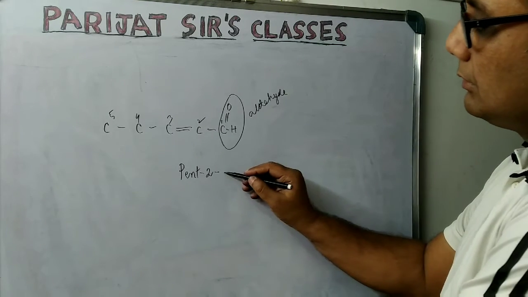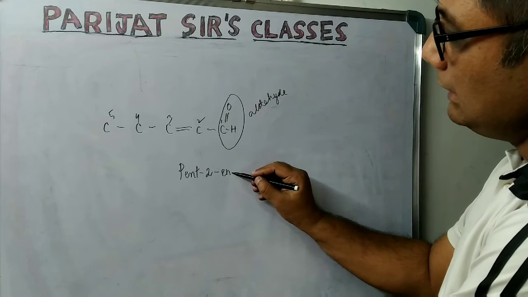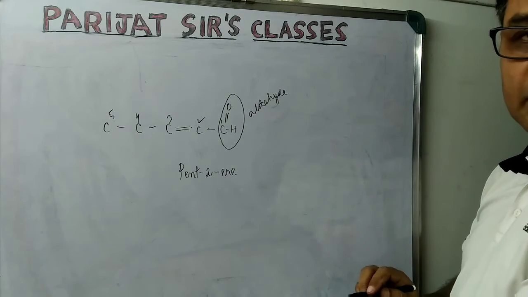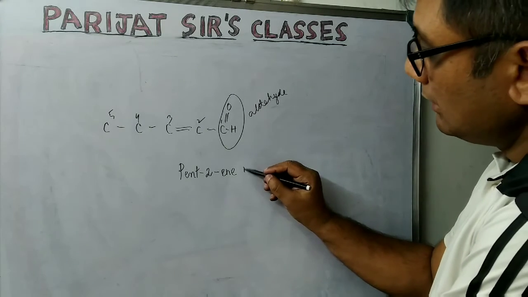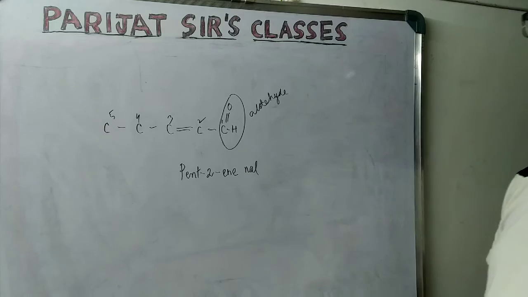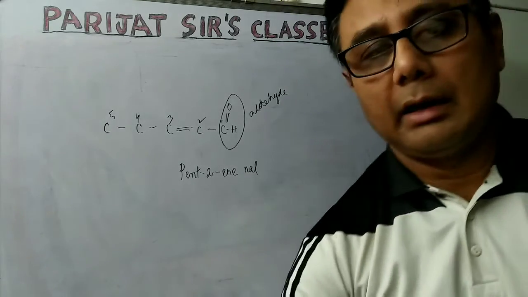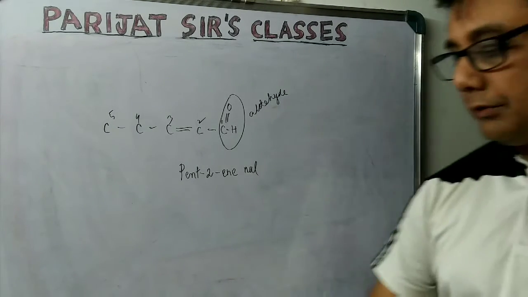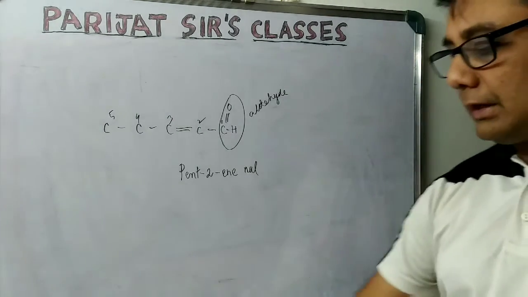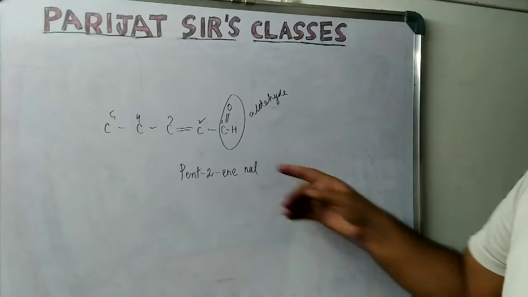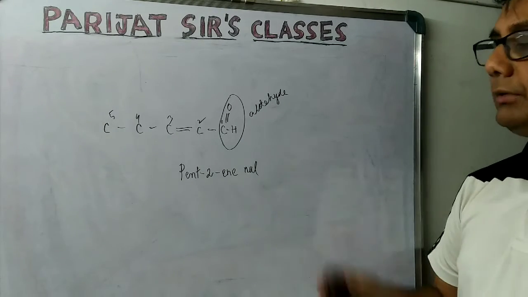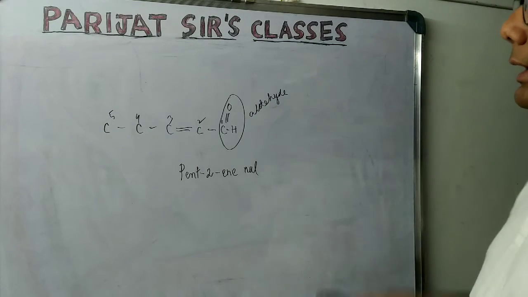Pent-2-enal. So this will be the name of this. Pent-2-en, that means in the second position there is a double bond, and there is an al, the functional group is aldehyde.